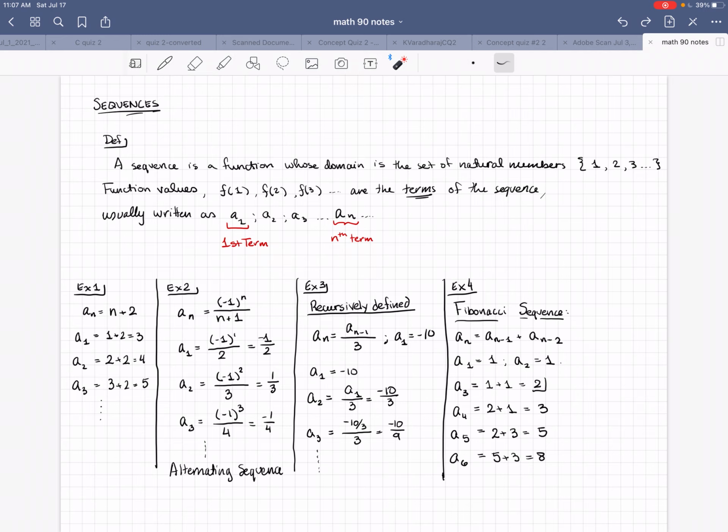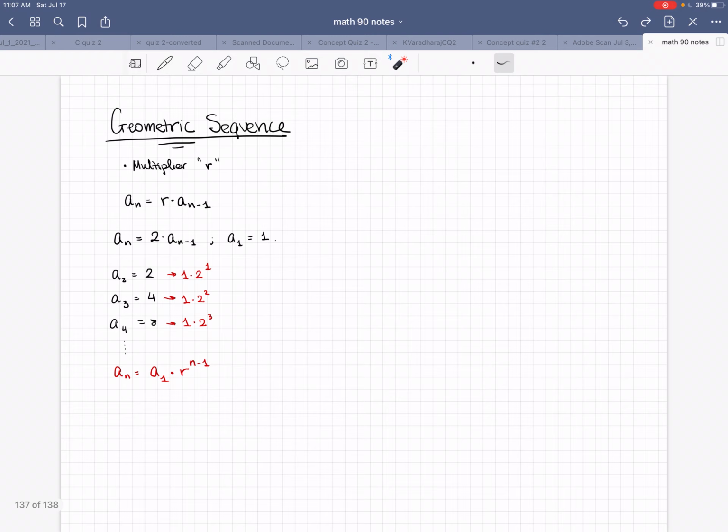So the nth term, if you let n grow beyond all bound, the nth term is tending towards 0 as n goes to infinity. Whereas in this example, where r is greater than 1, in particular r is 2, the terms just keep getting bigger and bigger. And so we see that the nth term is tending to infinity.